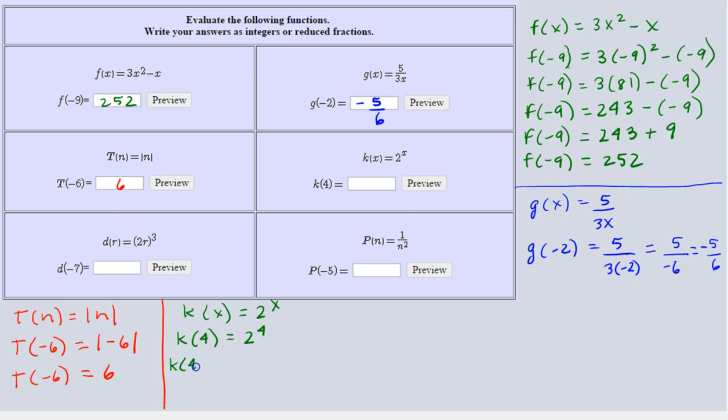Well, 2 to the 4th power means 4 factors of 2, or 2 times 2 times 2 times 2. And we can just multiply across. So 2 times 2 is 4, times 2 is 8, times 2 is 16. So k of 4 equals 16.